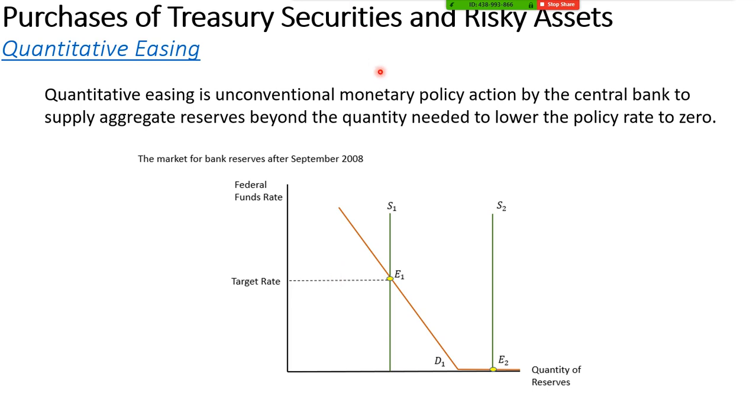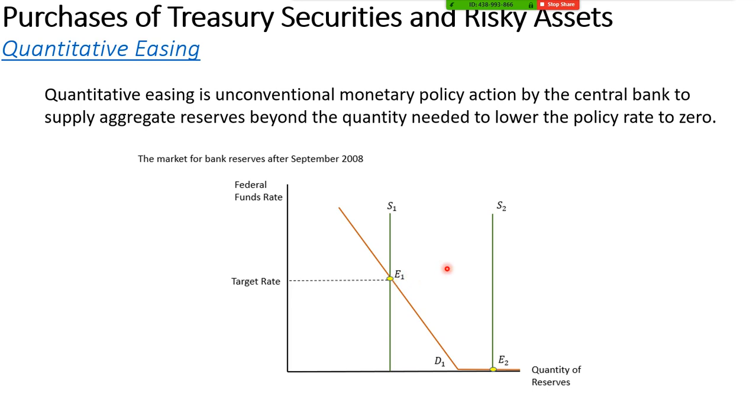Then let's say that conditions in the economy really start to decline so that the Fed starts buying Treasury securities and risky assets. So it's pushing the supply of reserves out so far that the federal funds rate drops to zero. Let's just say we're right here.